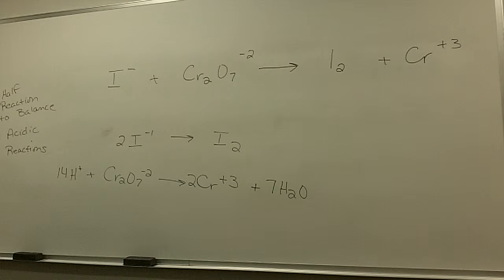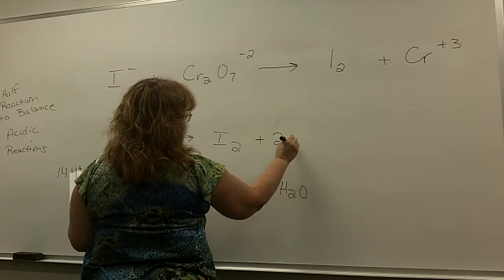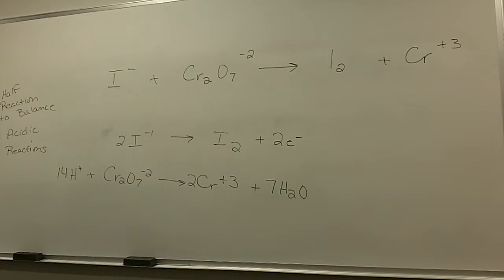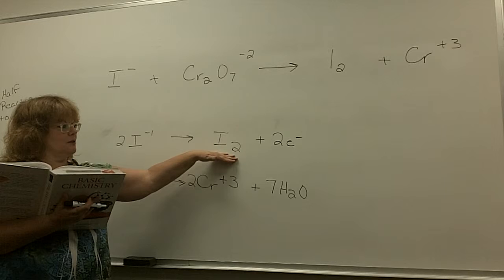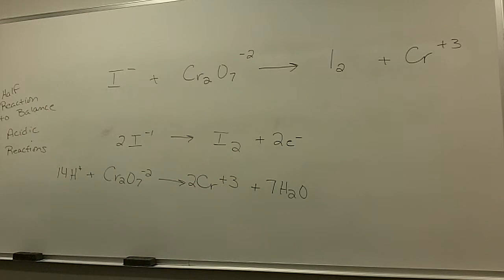Actually, we're going to go over here and do this. Remember, they're 2 separate half reactions. All right. We're looking at this, this is more positive, so we're going to add the 2 electrons there. Okay.